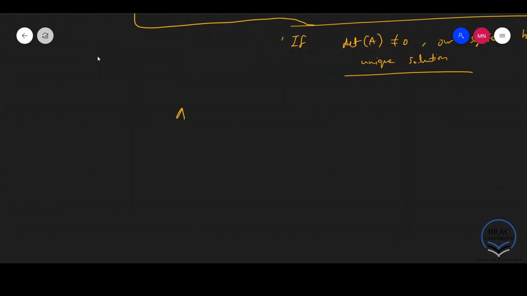So for any matrix A and for any vector C, if the determinant of A is not equal to 0, then we will have a unique solution V such that AV is equal to C. Right? This is my unique solution.